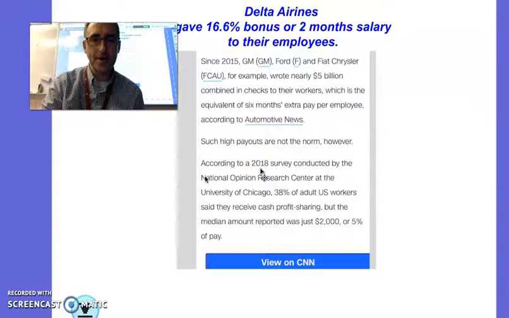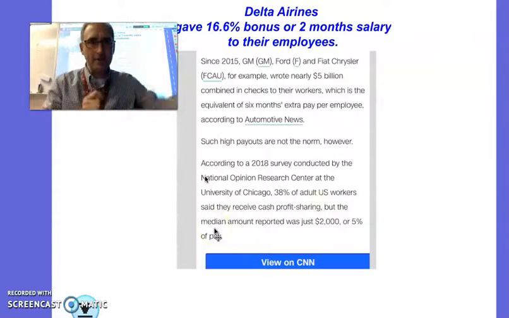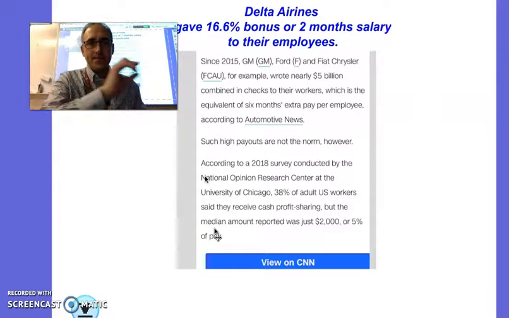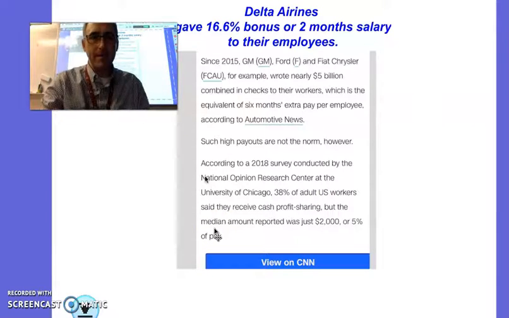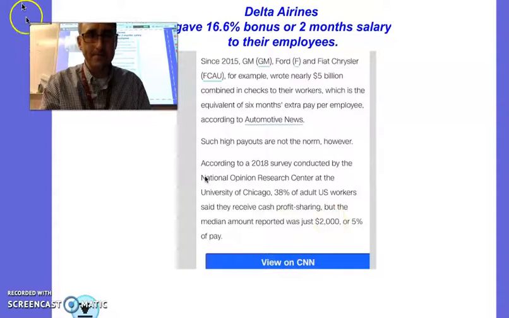According to a 2018 survey conducted by the National Opinion Research Center at the University of Chicago, 38% of adults in the U.S. receive cash profit sharing, but the median amount, the middle amount, so if you take all of the cash profit sharing payouts and line them up, the exact middle would be just about $2,000. That's the median, or roughly 5% of pay.